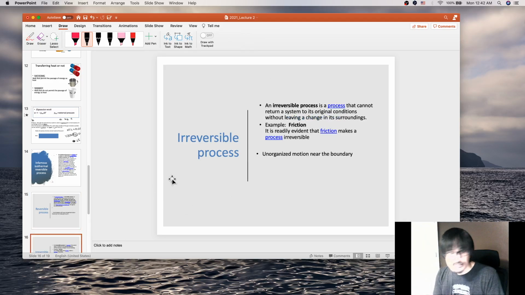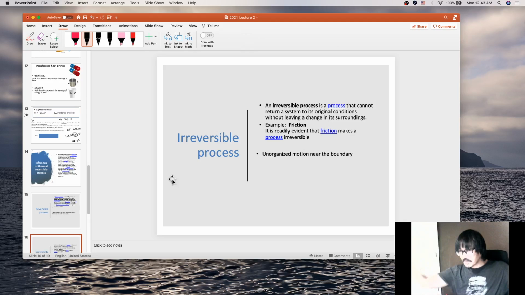An irreversible process is one that actually causes a disturbance. For example, if I open the door faster than the speed of sound, like 300 meters per second, and then close the door at 300 meters per second, each time I do it, then I will create a shock wave, right?